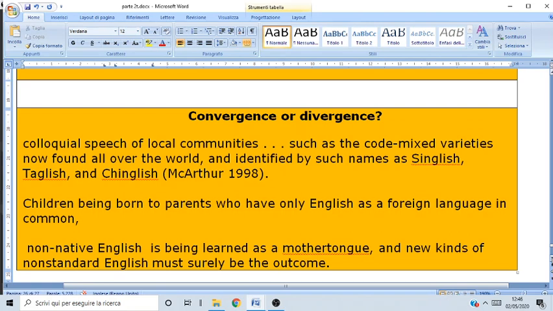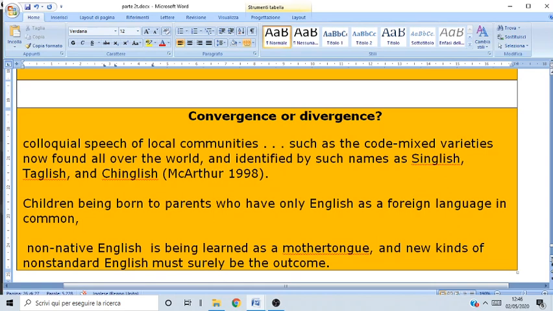This, in the last 20 and even more years, has given origin to several languages that add the suffix ish in them, like Singlish, or Taglish, or Chinglish, okay, where the code mixing is so strong that they have created a variety of their own.